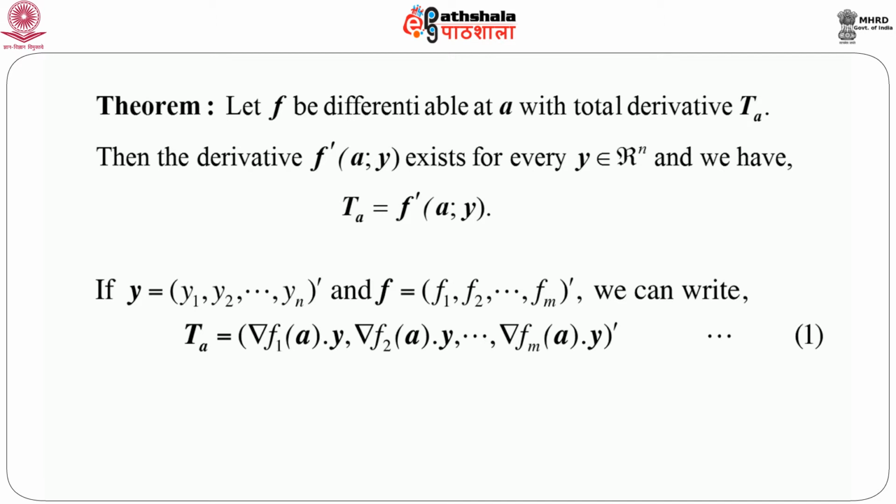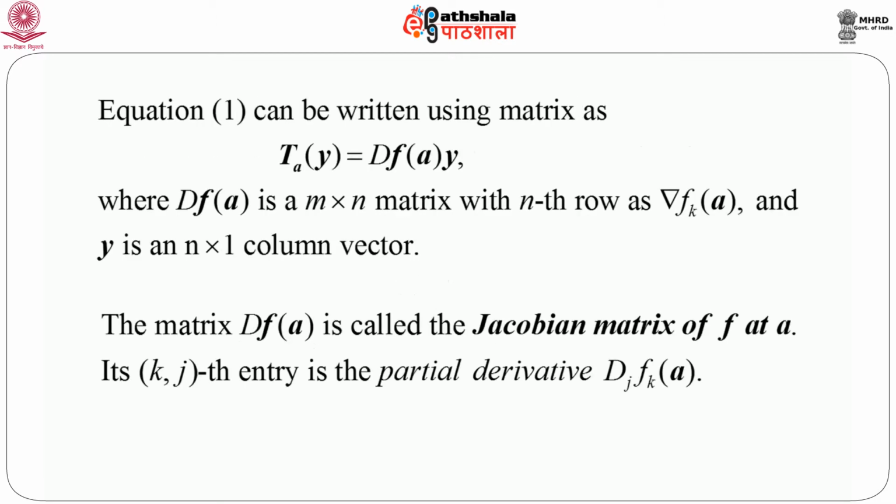This equation can be written using a matrix as Ta y equals Df(a) into y, where Df(a) is an m cross n matrix whose kth row is nabla of fk at a, and y is an n cross 1 column vector.